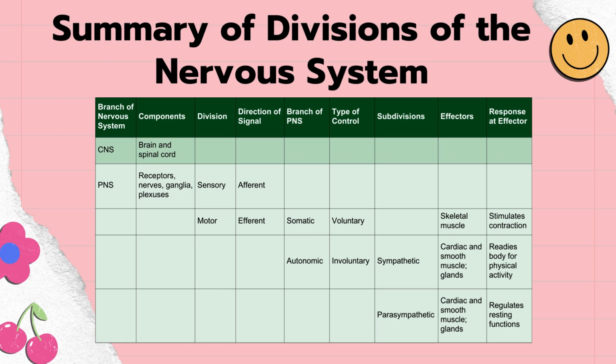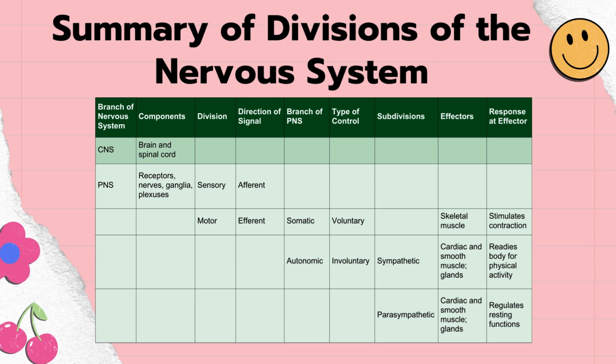Motor information can either be sent along the somatic branch or the autonomic branch. The somatic branch is the voluntary nervous system, and its effectors are skeletal muscle, and the response is just to stimulate some sort of contraction. The autonomic nervous system is the involuntary nervous system.